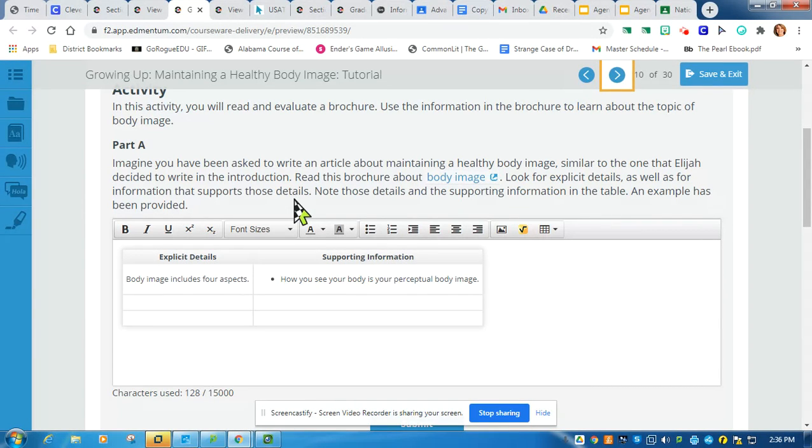And you're going to note the details and the supporting information on the table. Okay, an example has been provided. So you're going to put details over here, and then the supporting information that's also located on the brochure will go here to support each one of your details. Okay?